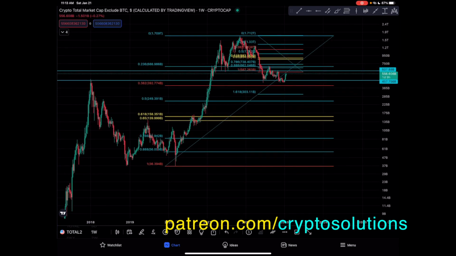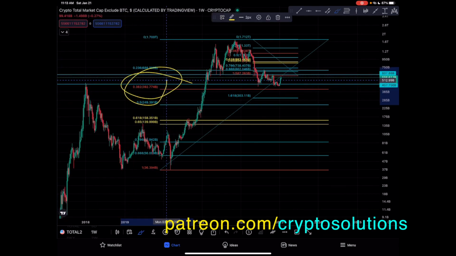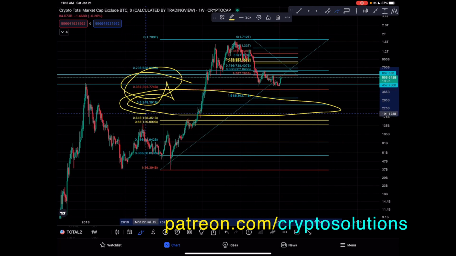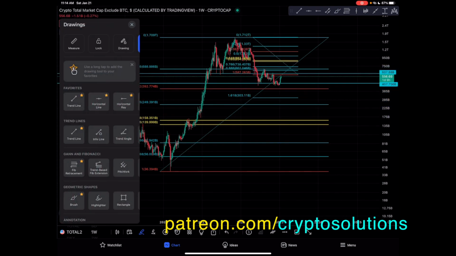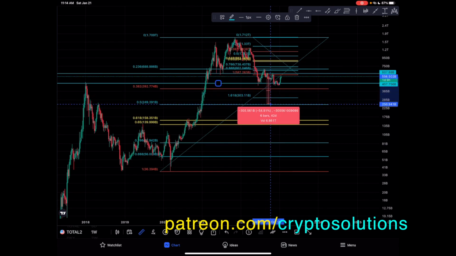That's insane. This hasn't even touched the 0.382. Okay? And this can conservatively go all the way down around that 0.5, which is around $249.39 billion. That will be a percentage pullback from now to here, another 55%.